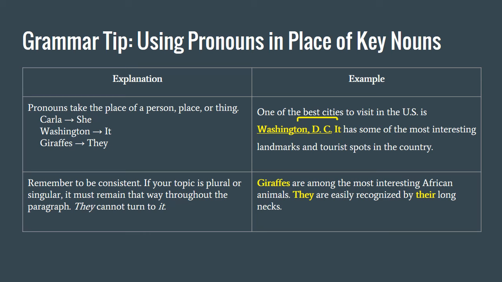They are easily recognized by their long necks. A common mistake here would be if instead of they, we wrote "it is easily recognized by its long neck." That would be incorrect because we want to maintain consistency throughout. So we're going to maintain plural or singular with our topic.